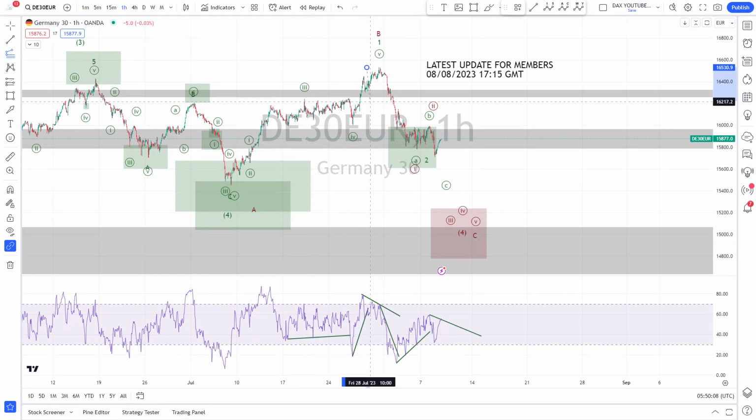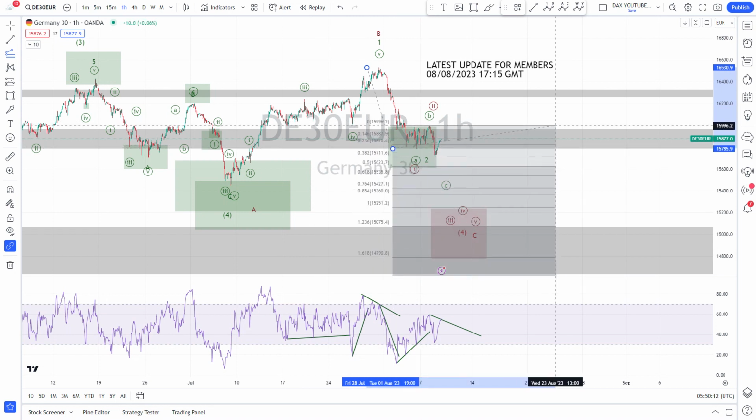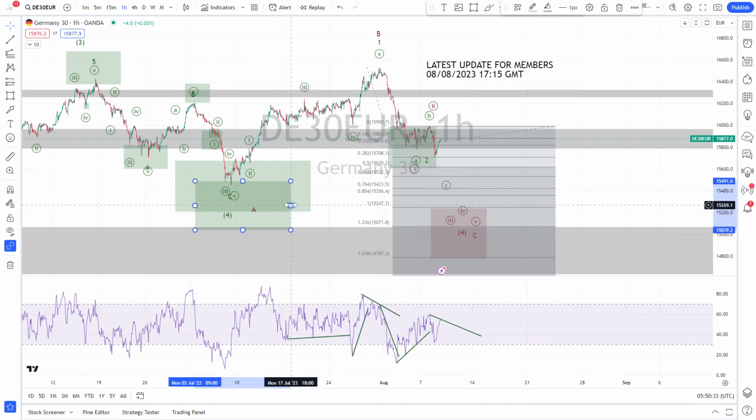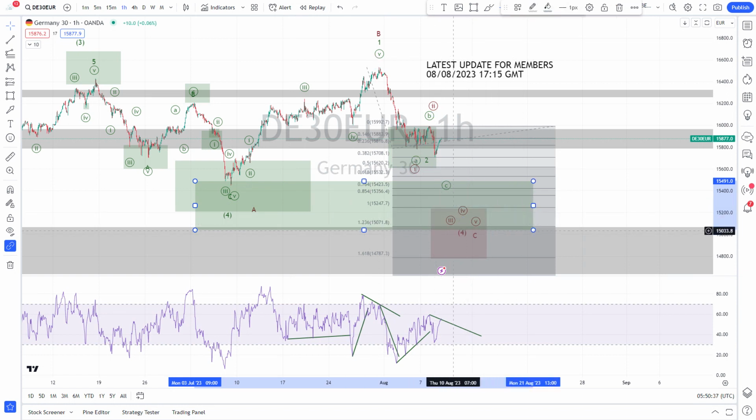If we take the length of our wave 1, the length of our wave 2, then in this area the wave 3 should end between the 1 and the 1.618 fib extension. And then this should also be more or less the area where the wave C and the wave 4 is in, because this here is the area where our wave 4 can go.